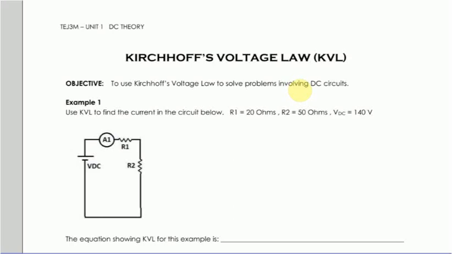What it's giving us is the value of R1, which is 20 ohms, R2 is 50 ohms, and VDC, which is the voltage of the power source, is 140 volts. So we know by looking at it that it is a series circuit. So we could figure out that the total resistance is equal to R1 plus R2.